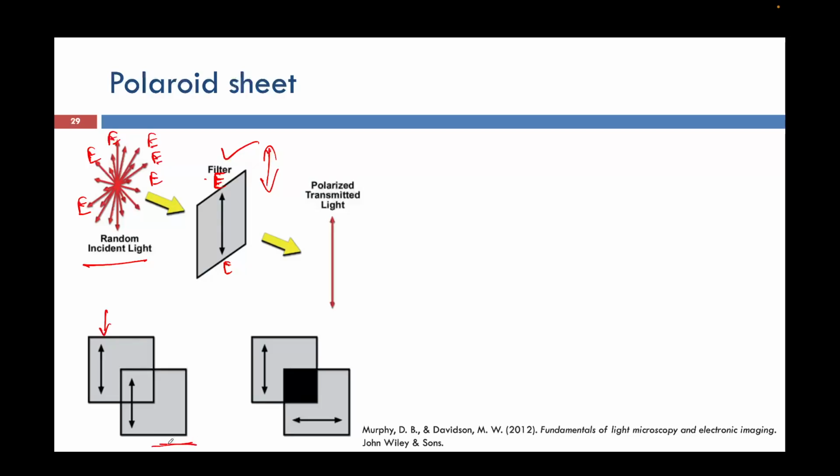But even after getting a linearly polarized light, if I change the direction again, then all of this will be blocked and my light will not come to my screen. This sheet is called a Polaroid sheet, or sometimes these are called polars.